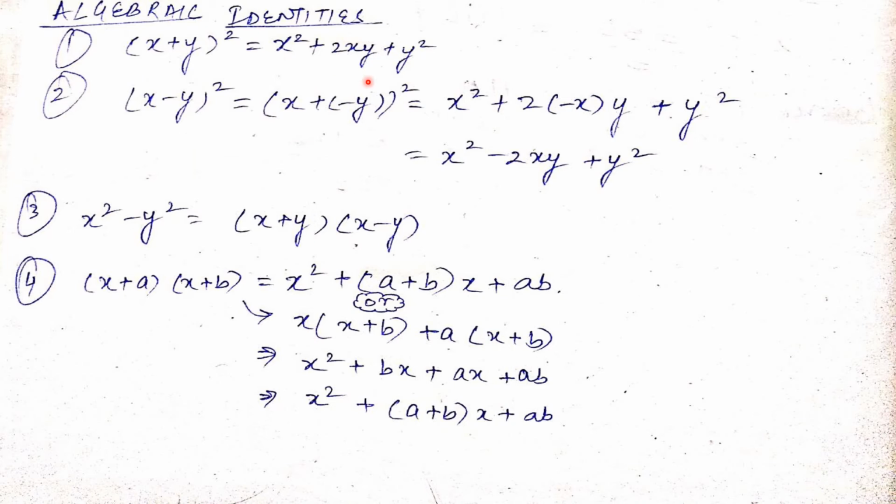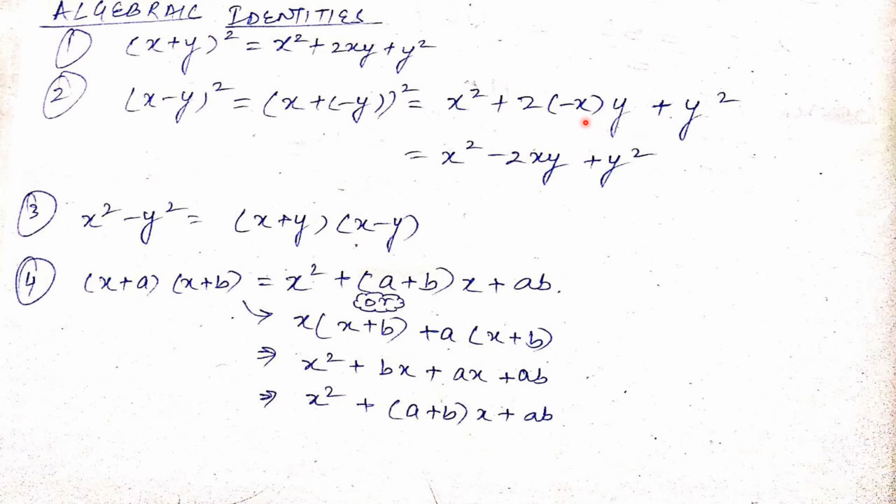Just make sure you replace y with minus y. So the first term is x square as in this one only. The second term is 2xy here, but here we have 2x into minus y. By mistake I have written minus with the x, but it should be minus y. x should be positive. You can correct it in your notebook.